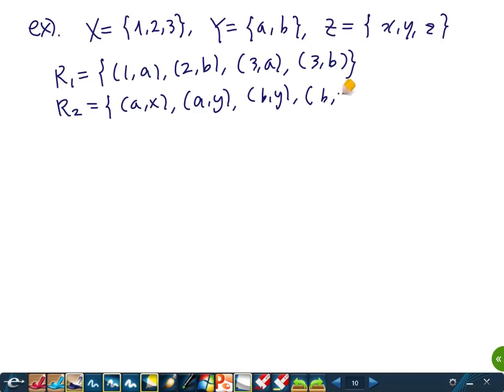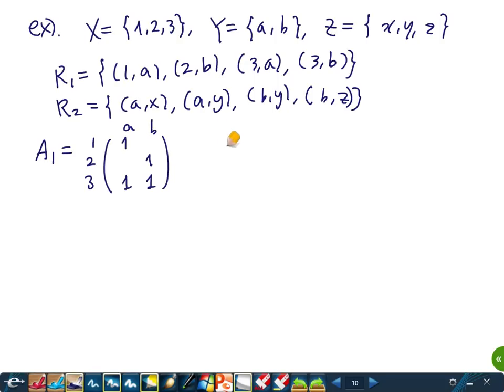B comma Z. So what is the relation for R1? We have 1, 2, 3, A, B. So 1 comma A is here, 2 comma B is here, 3 comma A, 3 comma B, like that.